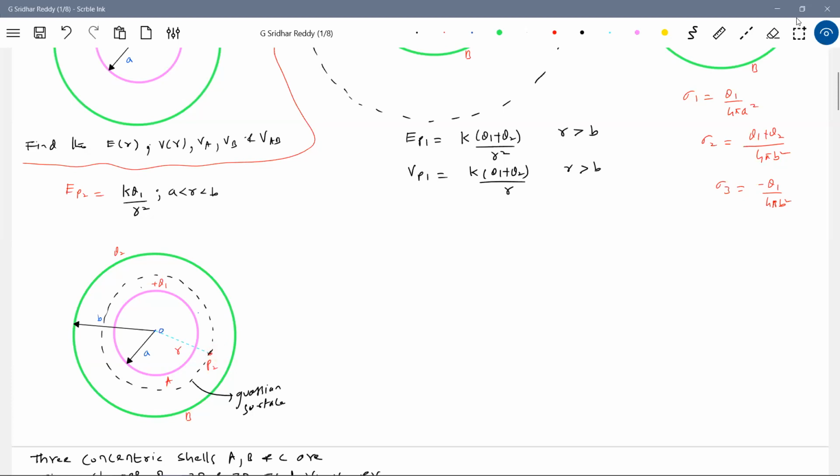So how do we write the expression for potential? First we'll go for superposition. Assume that only the charge on shell 1 is present. Then at what distance is it? The point P2 lies outside. Go for a conducting sphere. What is the potential outside a conducting sphere? KQ by R. Similarly here, KQ1 by R.